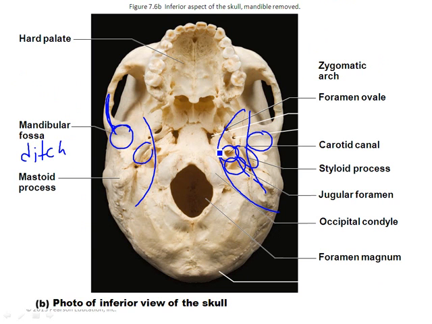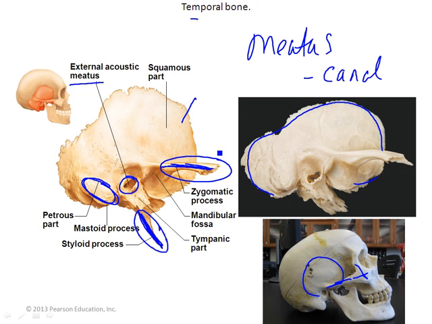Alright, there's one more thing about the temporal bone. Remember, you've got this meatus, which is how the sound gets in. Well, inside this ear canal, you have some ear bones called the ossicles. The three ossicles are your malleus, your incus, and your stapes.